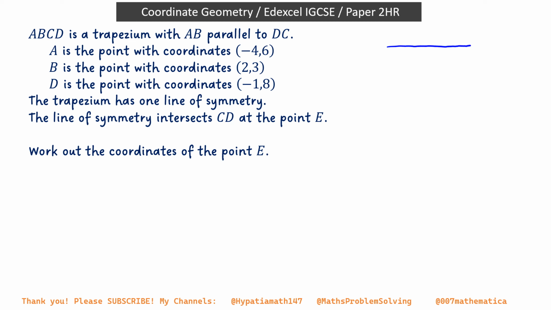So if this is AB and then is parallel to DC, so we have another line DC, and then if I say that this is A, B and C, D, so I've been given the coordinates of A, that is -4, 6, and the coordinates of B are 2 and 3, and no coordinates for C, and D is -1, 8.